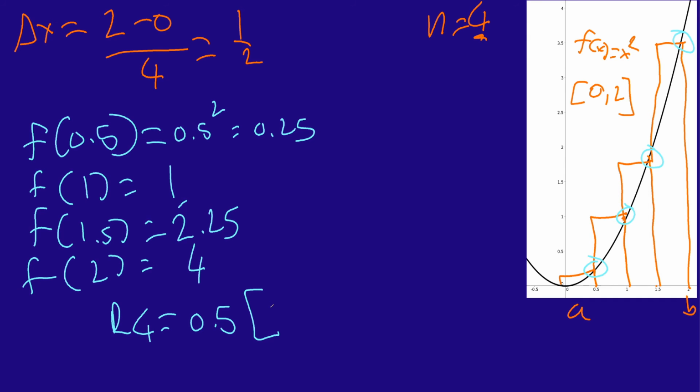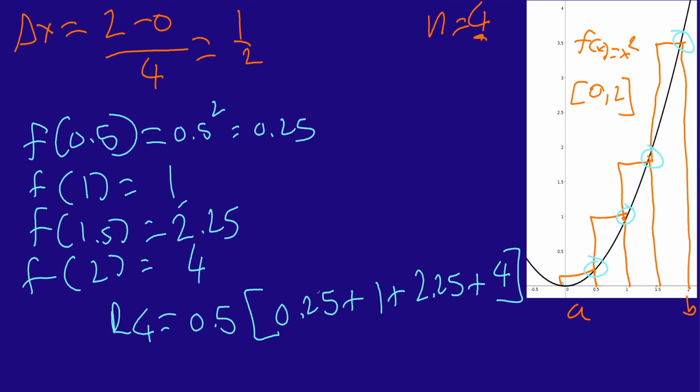So for my first one, our first value here is going to be 0.25, plus 1 plus 2.25 plus 4, like so. And then we multiply all that by 0.5.